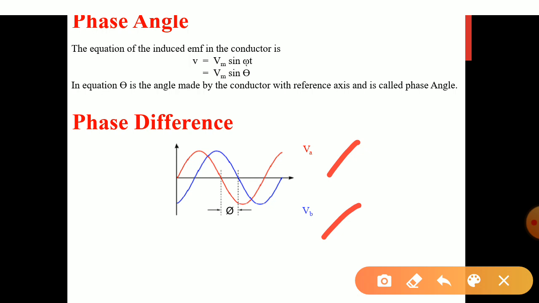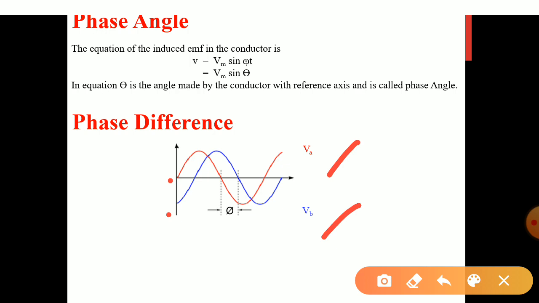VA is starting from the origin, while VB is starting from the 90 degree point, that is from the y-axis. So we could say that there is a phase difference between them.